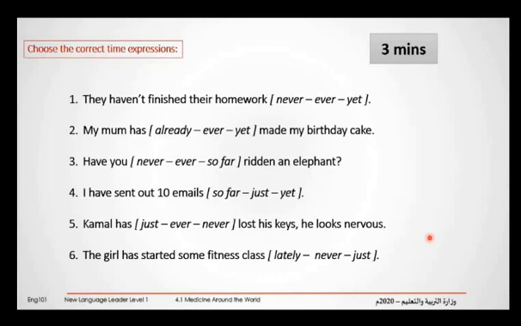Okay, dear students, let's look at the correct answers. Number 1. They haven't finished their homework yet. Number 2. My mom has already made my birthday cake. Number 3. Have you ever ridden an elephant? Number 4.